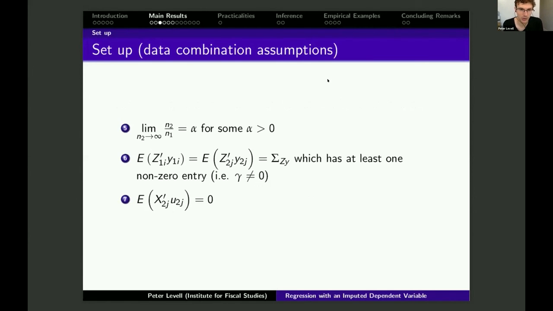We want to make sure that Z is a good proxy for Y, so gamma in the previous equation, on the previous slide, is not equal to 0. And X has to be uncorrelated with the imputation errors. This is analogous to the exclusion restriction when you're doing IV. You don't want the errors in your imputation procedure to be correlated with your independent variable.